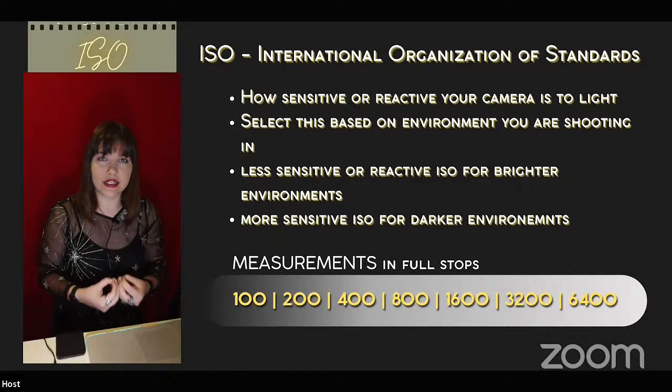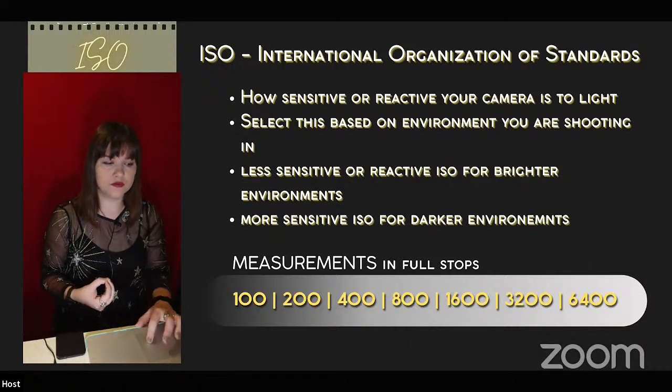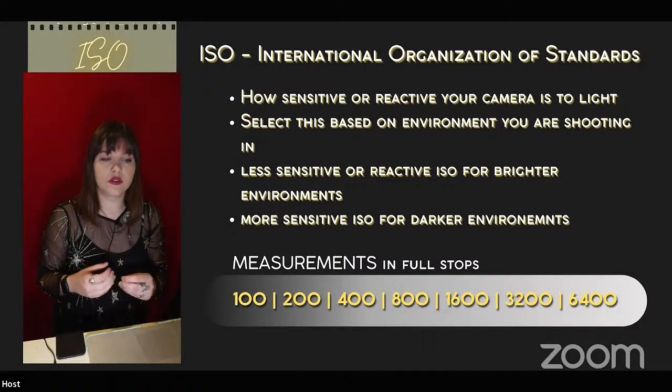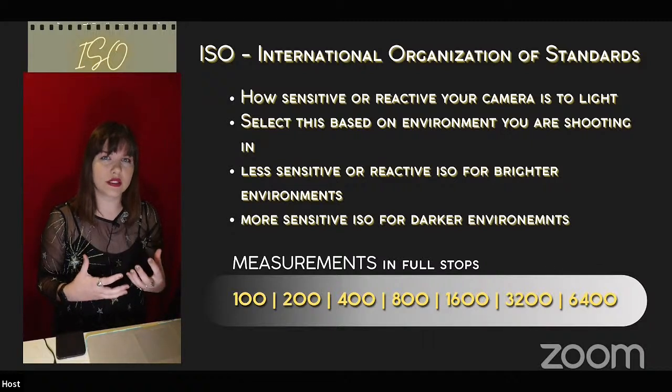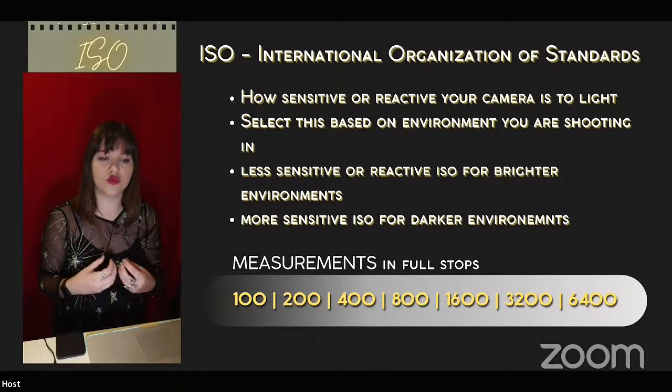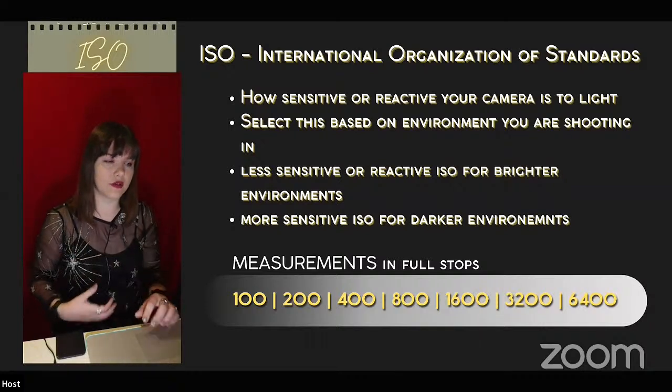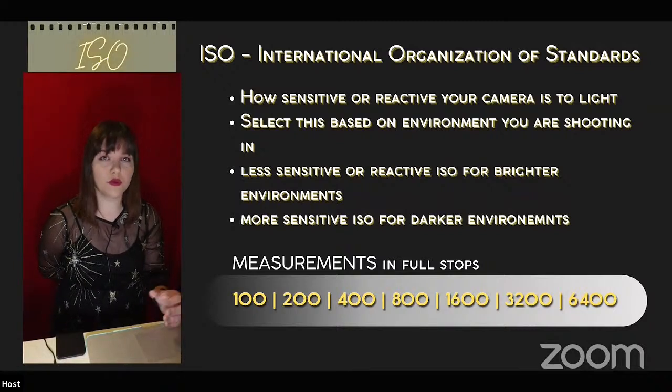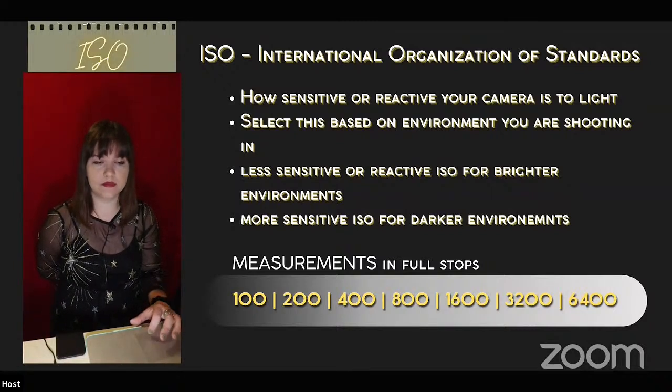This is how sensitive your camera is starting off to light, okay? So if you're in a really bright situation, like outside, noon, sun's up, you don't need as sensitive of an ISO because there's so much light.